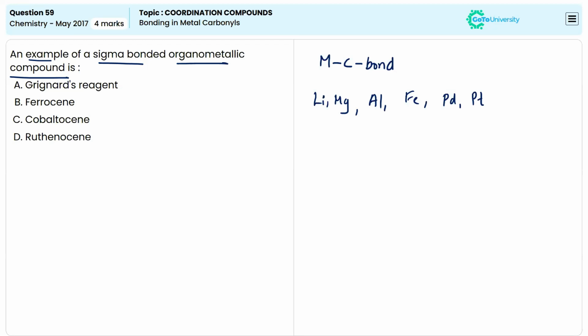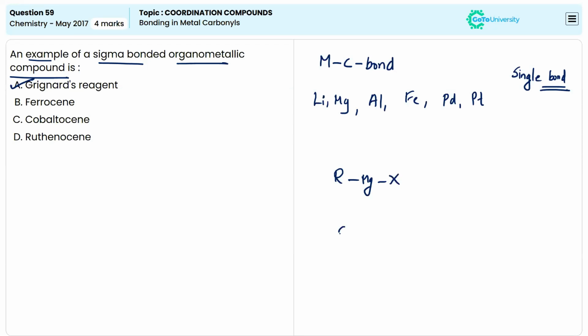Any metal may be there. A best example for this sigma bonded organometallic compound, but before that, what is a sigma bond? Sigma bond means a single bond which is produced by the head-on overlapping of the atomic orbitals, right? A best example will be the Grignard reagent, which has the formula RMgX.